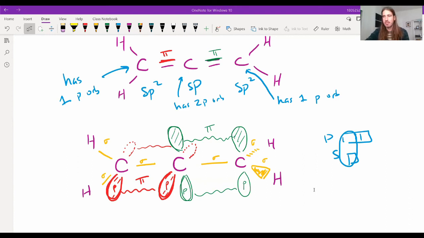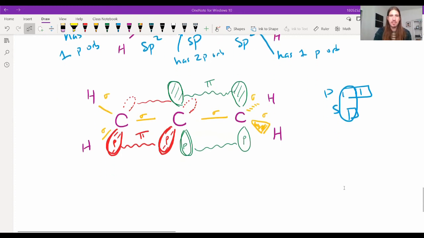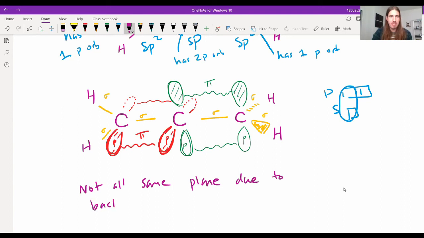This is a kind of high level question, but the answer, again, is that the atoms are not in the same plane. The hydrogens are not all in the same plane, due to the back-to-back pi bonding, which is the reason for the answer.